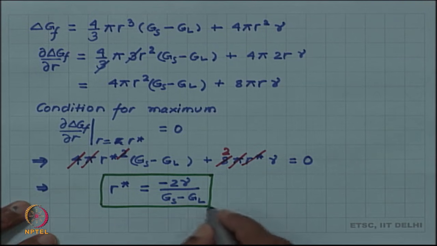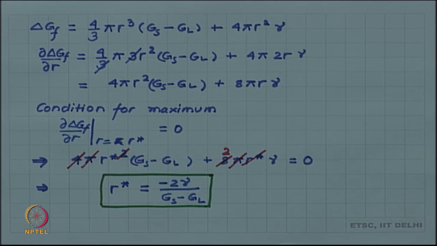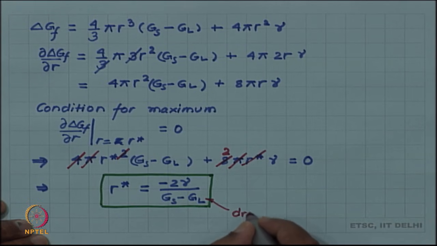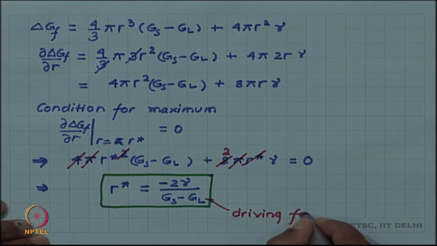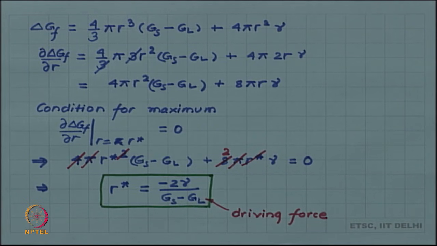Now, if you think about it, this Gs minus GL is the driving force. This is what is finally making the transformation possible.